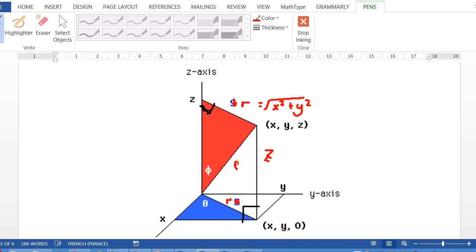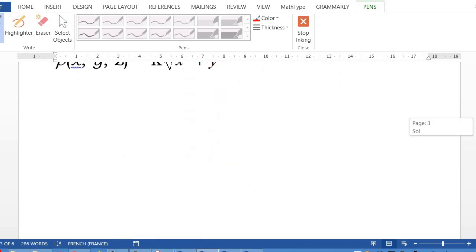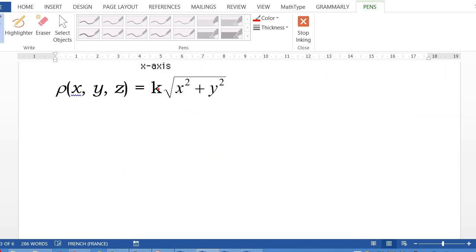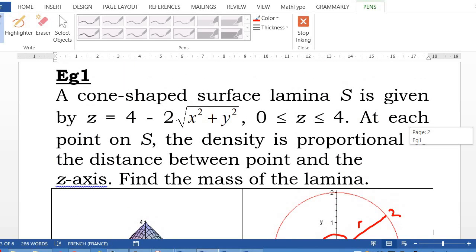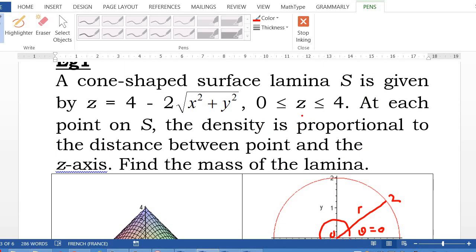This is r like in polar coordinates, or you can solve the distance r here by the Pythagorean theorem, which is the square root of x squared plus y squared. So r is sqrt(x squared plus y squared). Hence the density function is k times the square root of x squared plus y squared, because as the statement said, density is proportional.